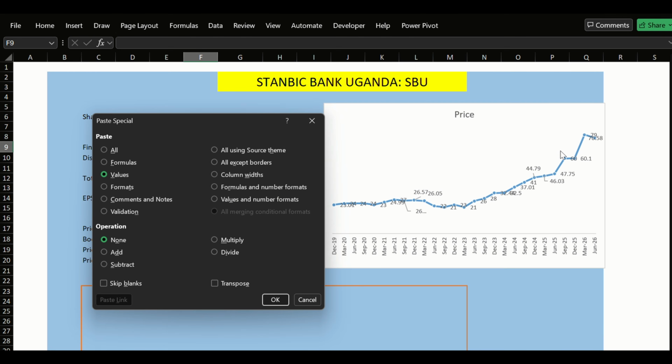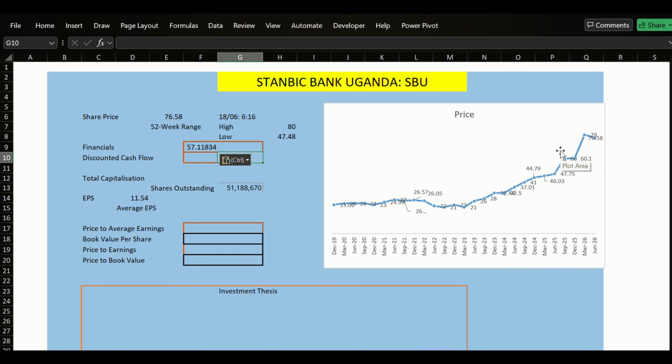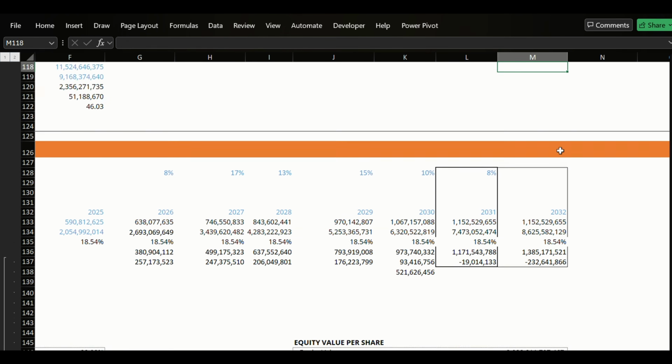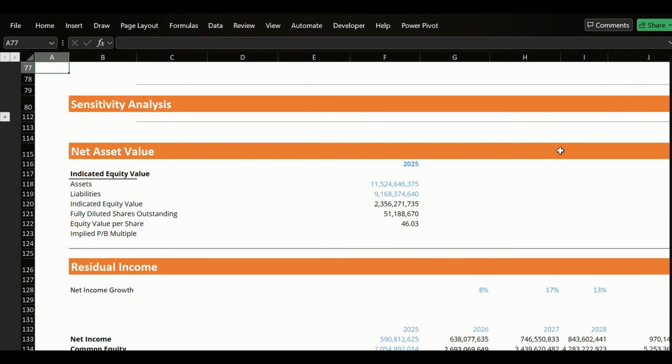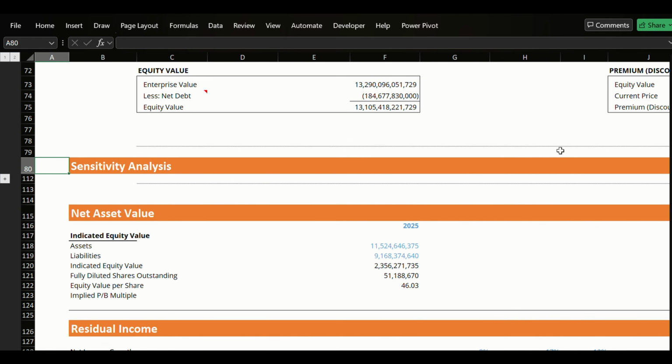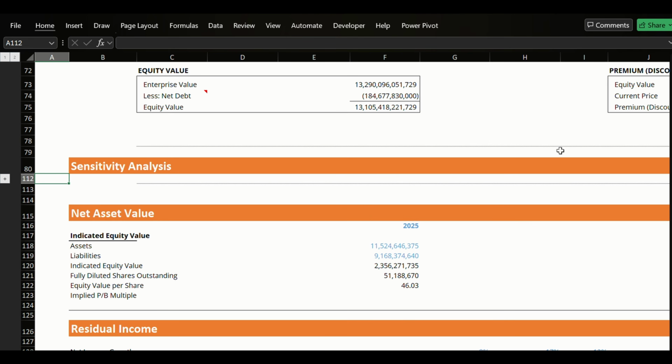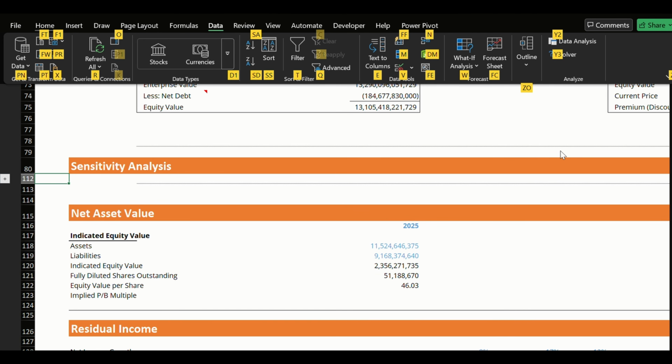Testing values only. Then for the discounted cash flow, let's go back. You can see on the background, this sensitivity analysis gave me some weird numbers.